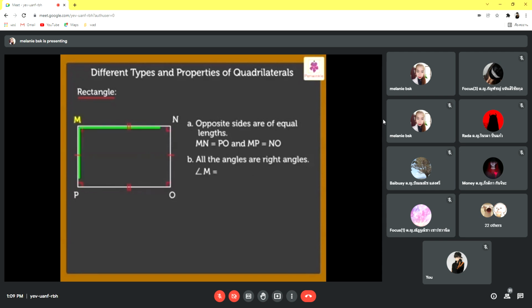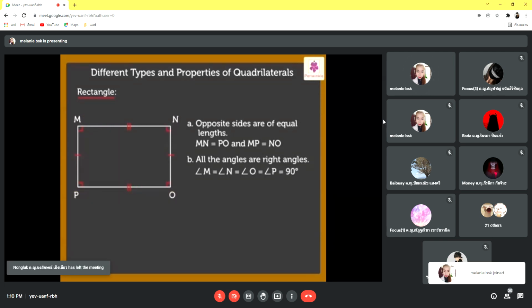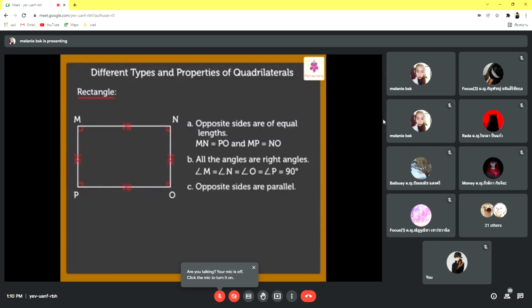Angle M is equal to angle N is equal to angle O is equal to angle P, which is equal to 90 degrees. C. Its opposite sides are parallel. That is, MN is parallel to PO and MP is parallel to NO.